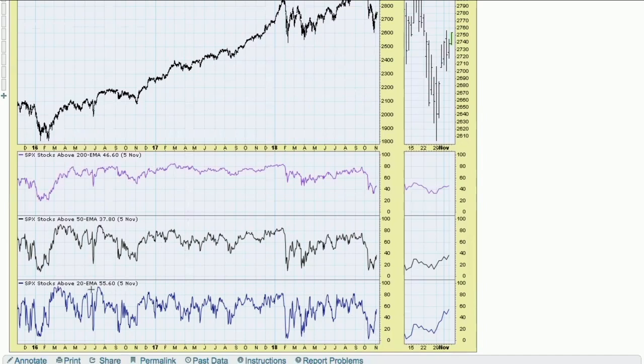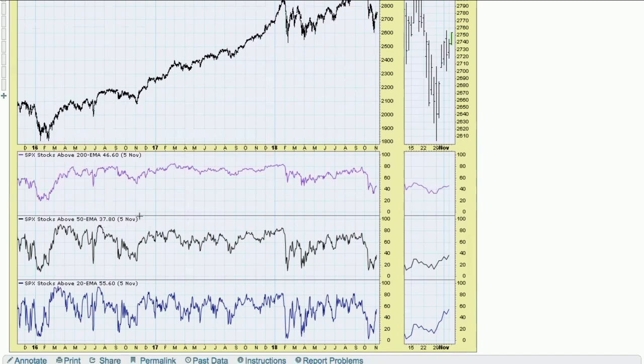We're still only just a little over half of the S&P 500 above their 20-day EMAs. That's not a lot. We certainly want to see some improvement there, at least up into that 80 range, where you can see is typically the top of that range. We also need to see some more action here as far as stocks above their 50-day EMA.